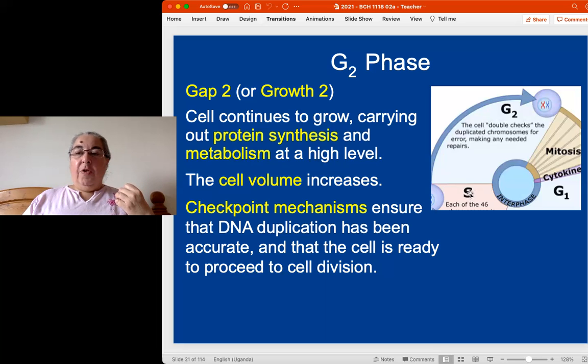Before the cell can go on to the division phase, to mitosis, the cell checks the DNA and it stops in G2 if there's anything wrong with the DNA and waits until that problem can be corrected.